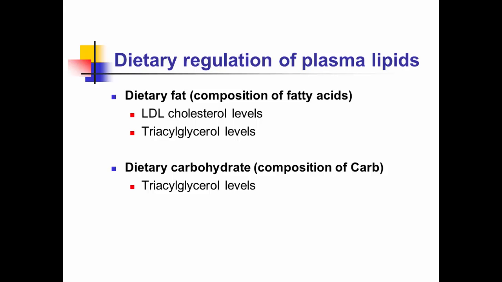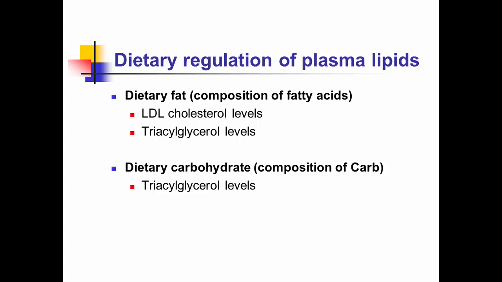So in terms of dietary fat, particularly the composition of fatty acids, whether it's saturated fatty acids or unsaturated fatty acids, these are very important, and they usually influence the levels of cholesterol and the triglyceride in the circulation, right? And also dietary carbohydrate.